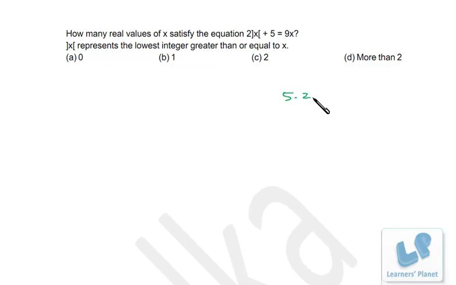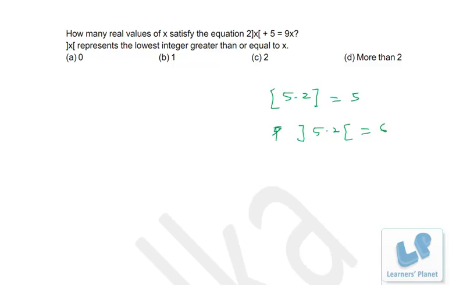See, if it is 5.2, then this bracket will produce 5 and this bracket will produce 6, right? So that is the difference between these two. This bracket drops the fractional part, and in this bracket the next integral number is taken into consideration.